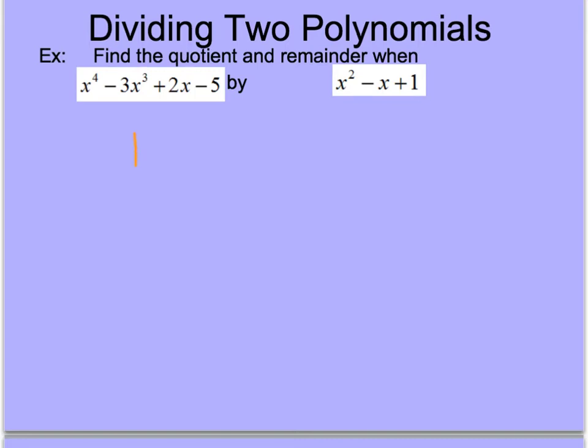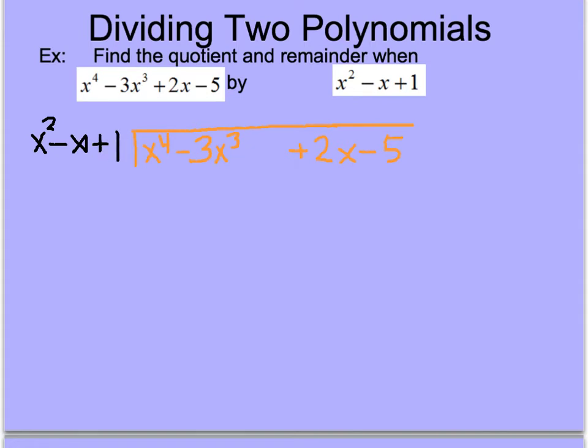So here we go. I've got x to the 4th minus 3x cubed. Then we'll leave a little space for the squared term, plus 2x minus 5. And on the outside, we have our trinomial this time, x squared minus x plus 1.